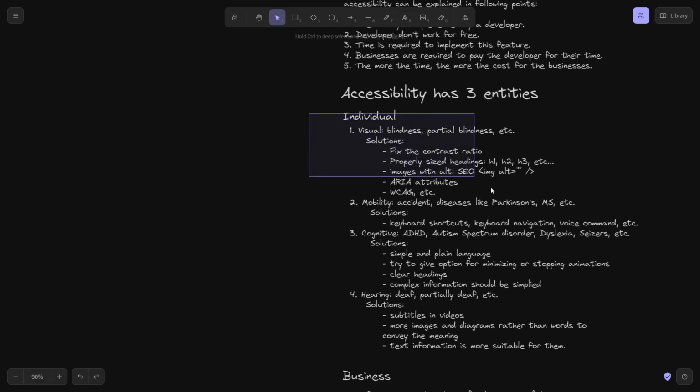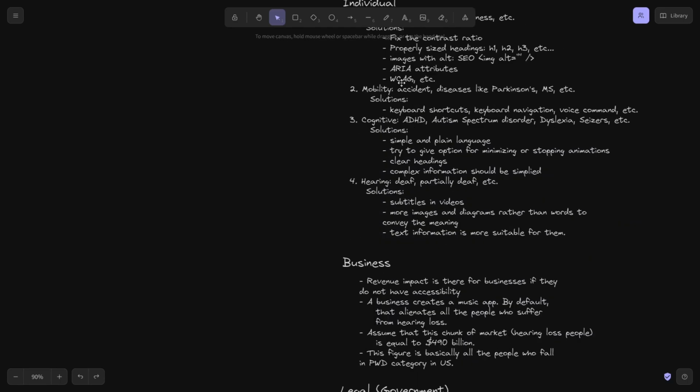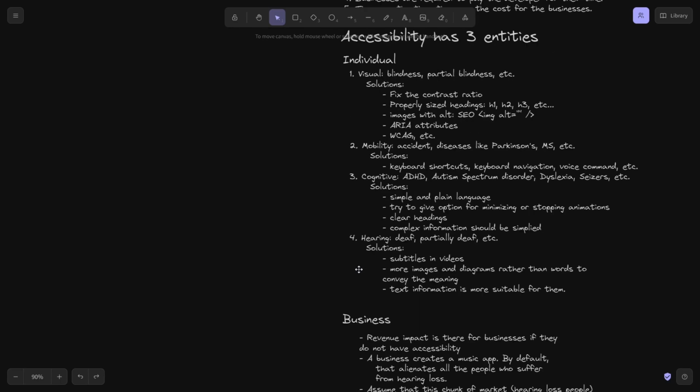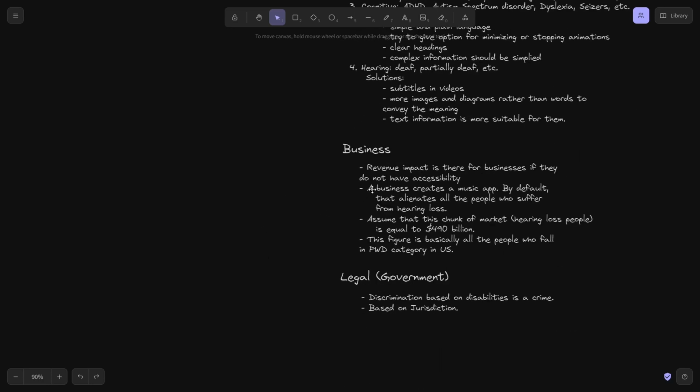As a developer, you are only concerned with this individual area, because this is all you can control. The business will be incentivized by either the impact on revenue or profit to instruct its developer to implement the accessibility in their app or in their site for an individual, right? First is either revenue impact or the profit impact.